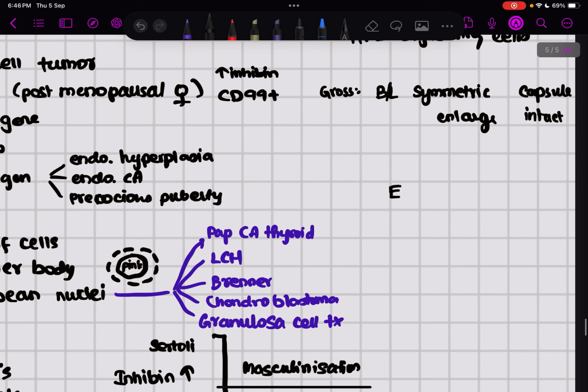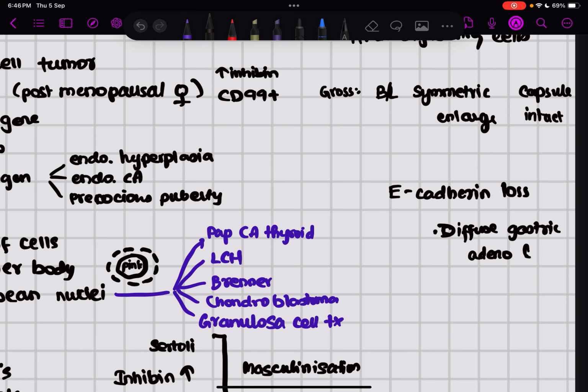And E-cadherin loss. E-cadherin loss is seen in diffuse gastric adenocarcinoma and lobular carcinoma of the breast.